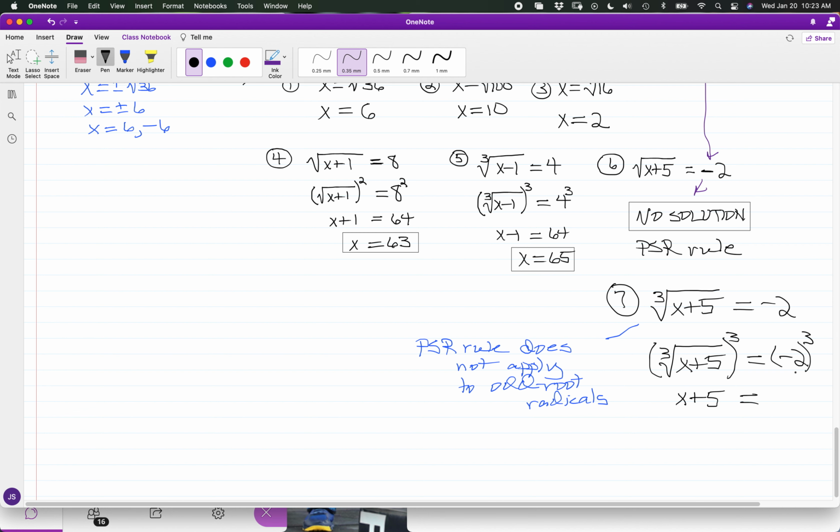You have -2 times itself three times, and that's going to be -8. And so we have for the solution in x, if we take 5 away from both sides, we're going to have that x is equal to -13.